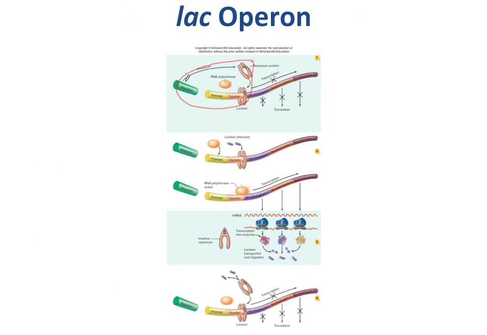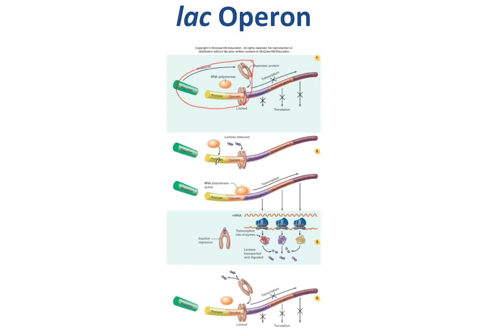This is the promoter. The promoter can generate one protein, called a repressor. The repressor can bind with the operator, so it can shut down this transcription.